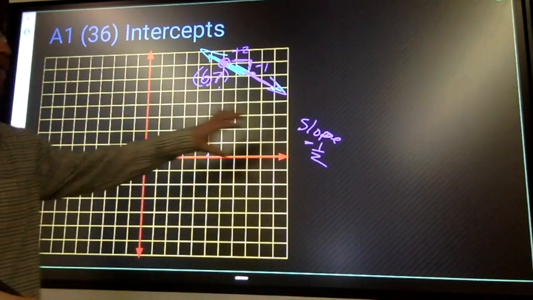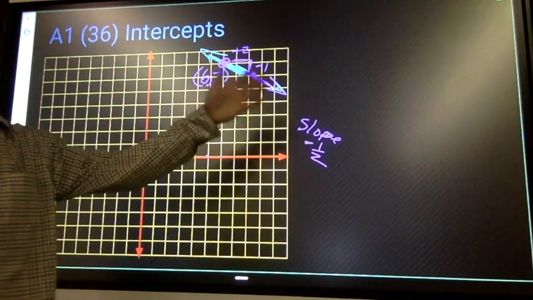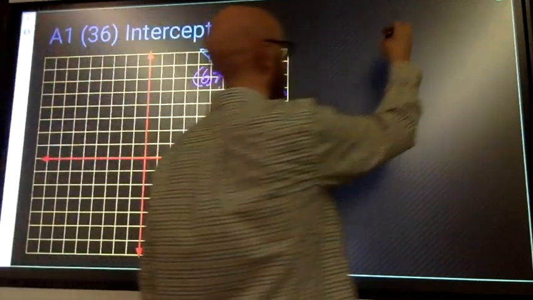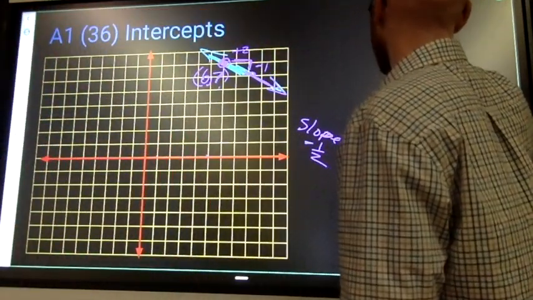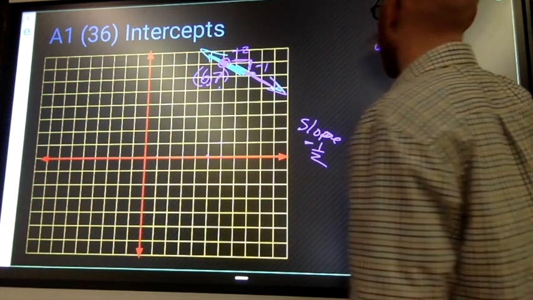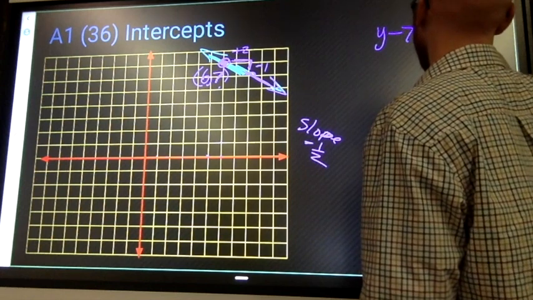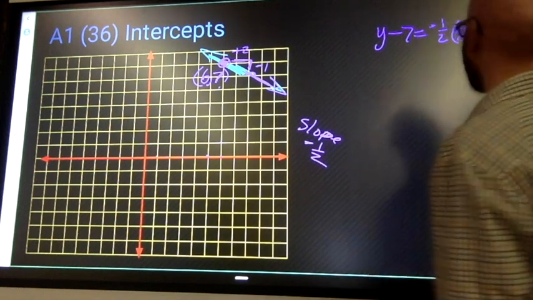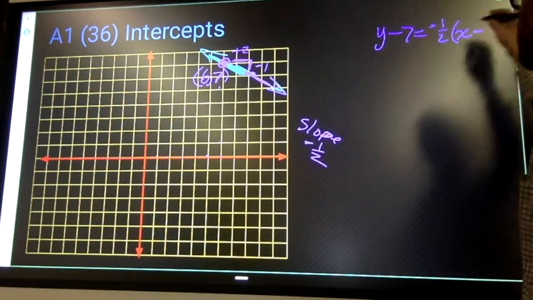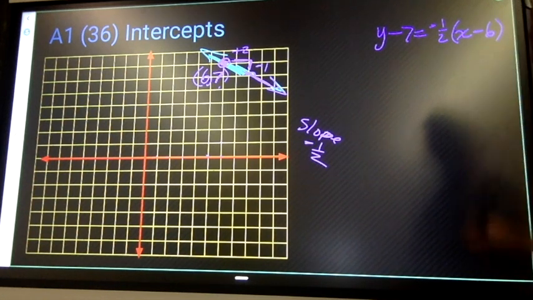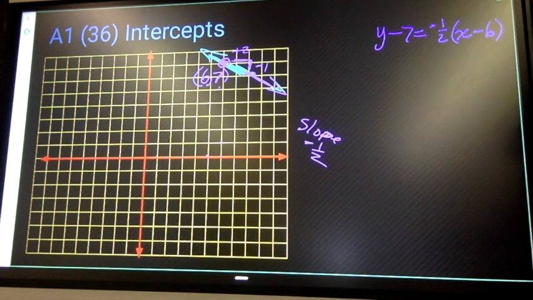All right, you could use that, a point and a slope, to write an equation in point-slope form. Y minus the y value, 7, equals the slope, -1/2 times x minus the x value, 6. All right, point-slope form, not something you need to memorize.